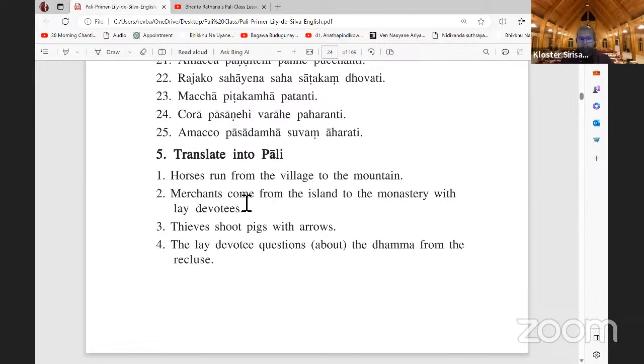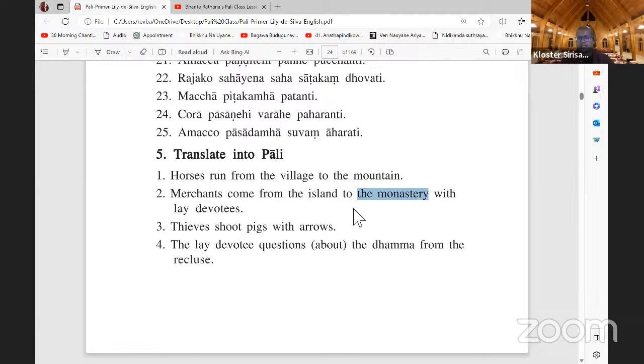So they know their intention to go together with the devotees, the merchants come to the monastery. So the merchant, with his friends or devotees, wants to go to the monastery. So the monastery is the important thing here.